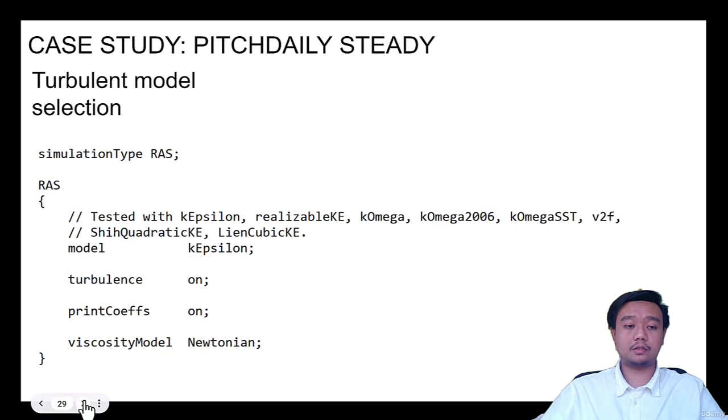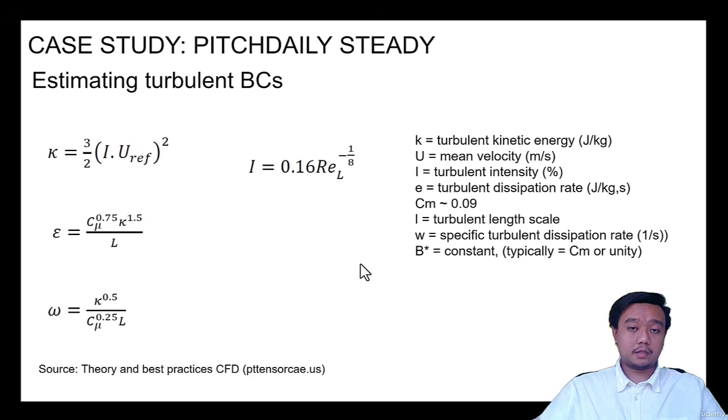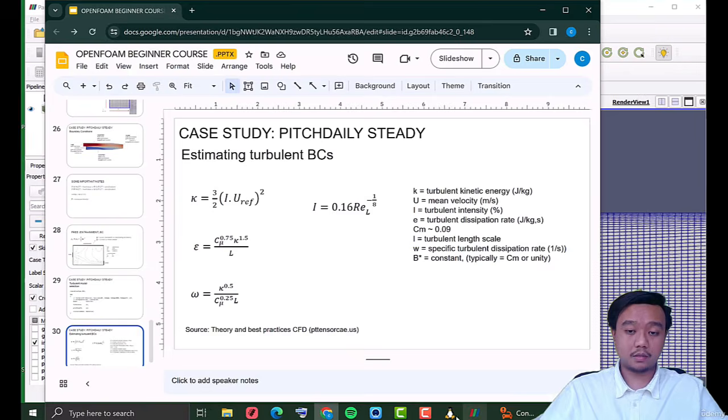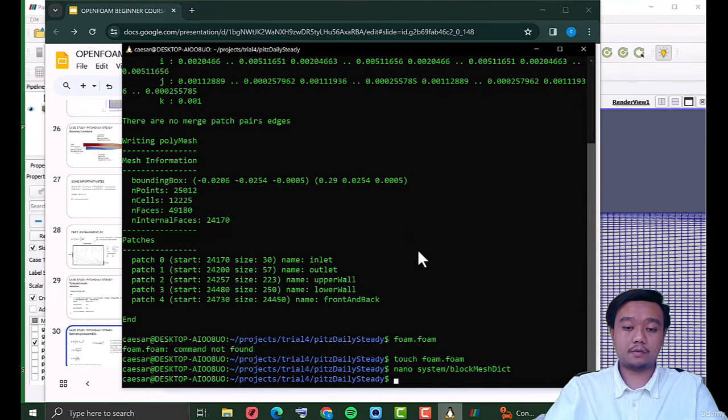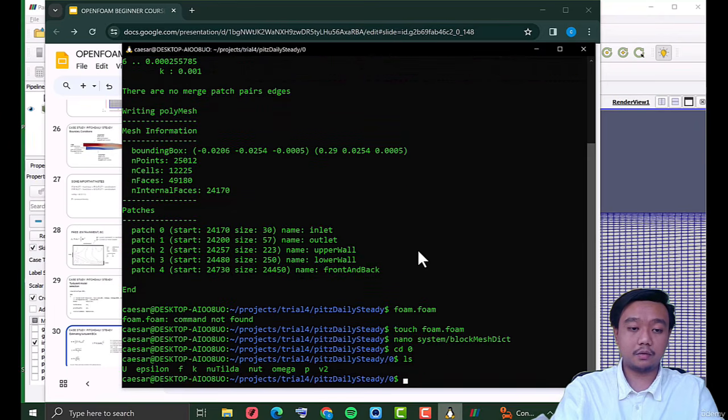And for the turbulent modeling we will discuss later, but as a starting point you can use these values to estimate the input of the boundary conditions. So if we look at these files in the zero folder, we can see that for epsilon, k, and omega, we must specify some value.